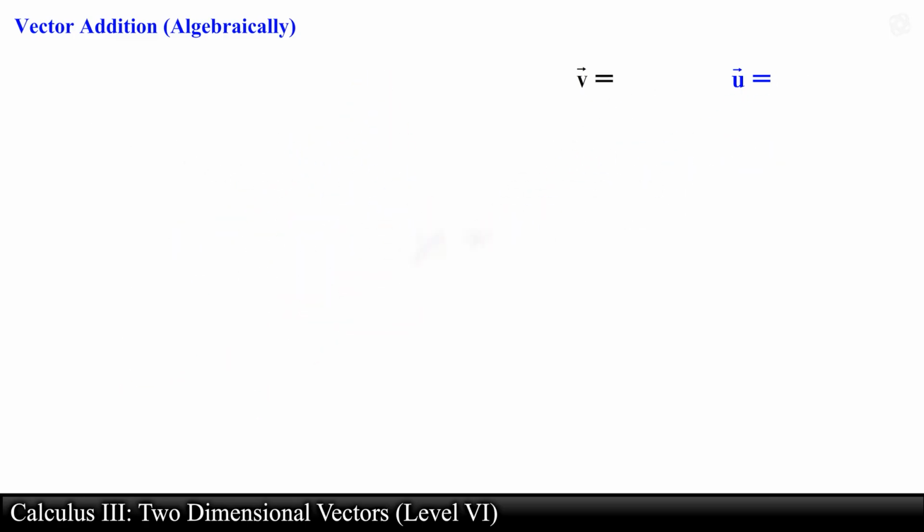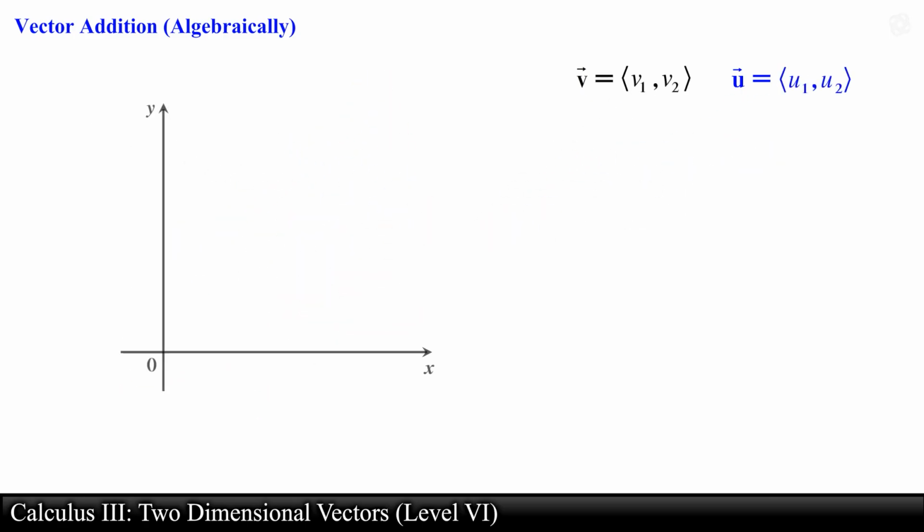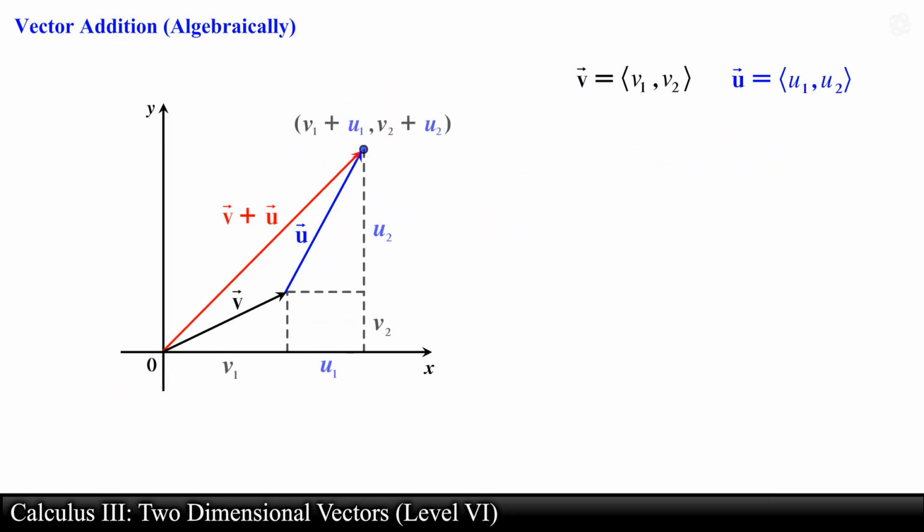In general, the sum of vector v with components v sub 1 and v sub 2, and vector u with components u sub 1 and u sub 2 can be found simply by adding the components of each vector. In this case, the x component of the resultant vector will be equal to v sub 1 plus u sub 1, and the y component of the resultant vector will be equal to v sub 2 plus u sub 2.